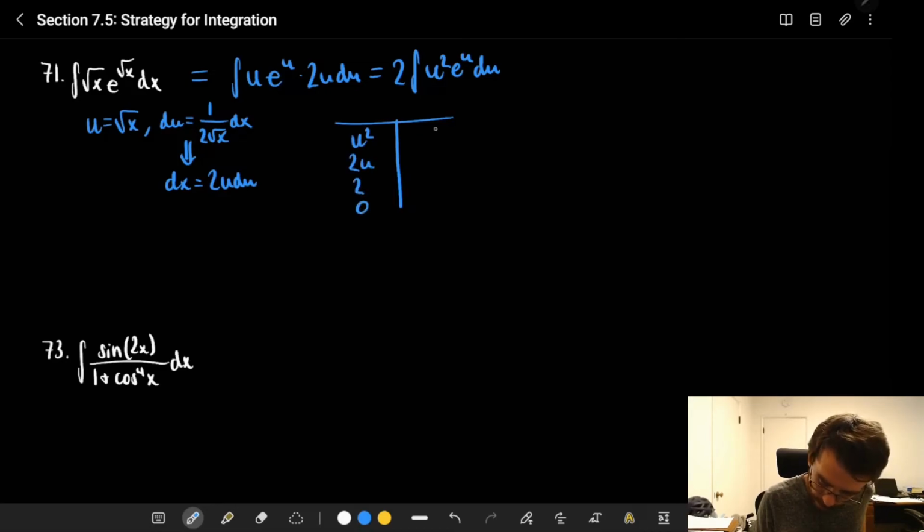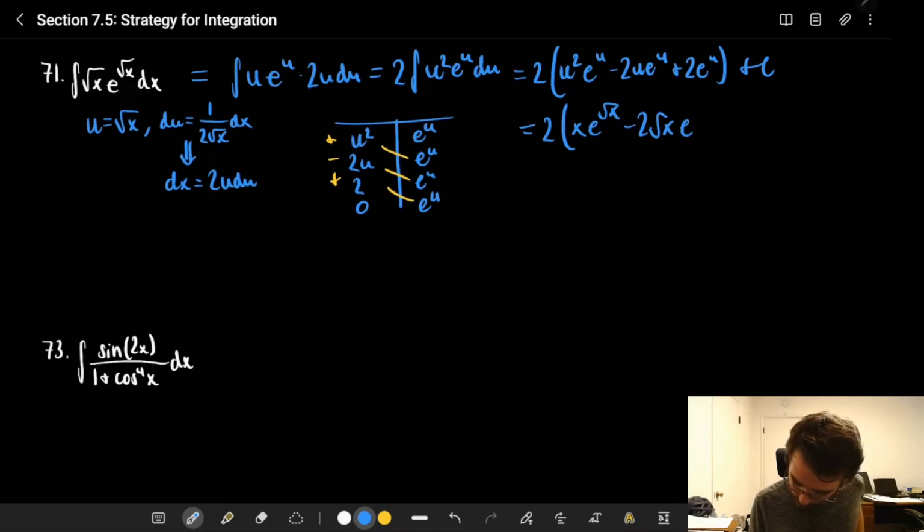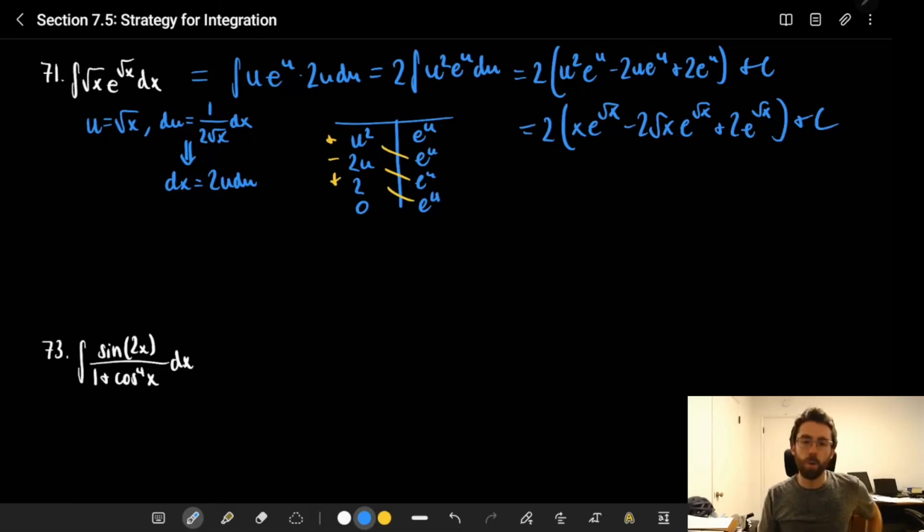Differentiate repeatedly, integrate repeatedly, draw some diagonals, do plus minus plus, answer equals 2 times the quantity, follow the diagonals: u squared e to the u minus 2u e to the u plus 2e to the u plus c. Plug back in for u. u squared would be square root of x squared, so that's just x. Then e to the root x minus 2 root x e to the root x plus 2e to the root x plus c. Whew, that was fun.